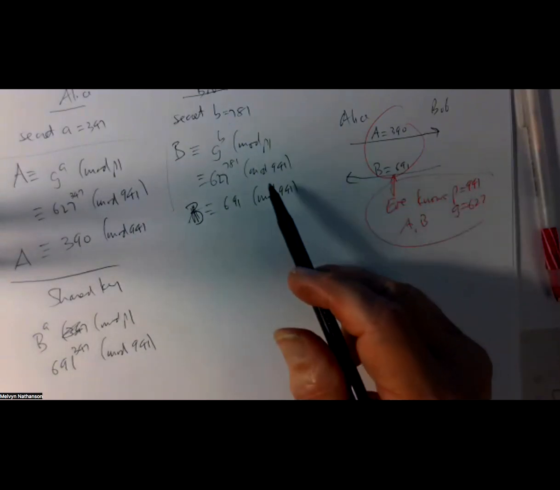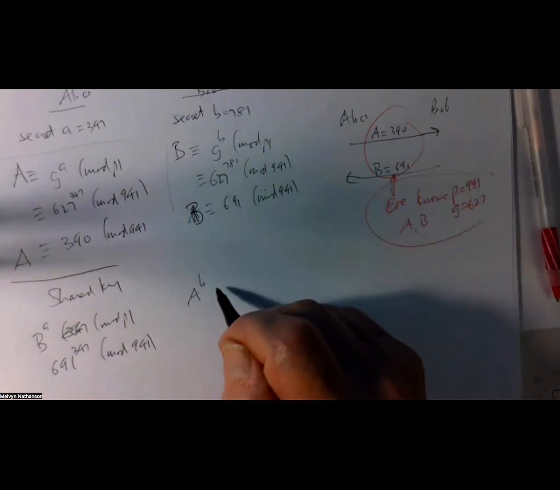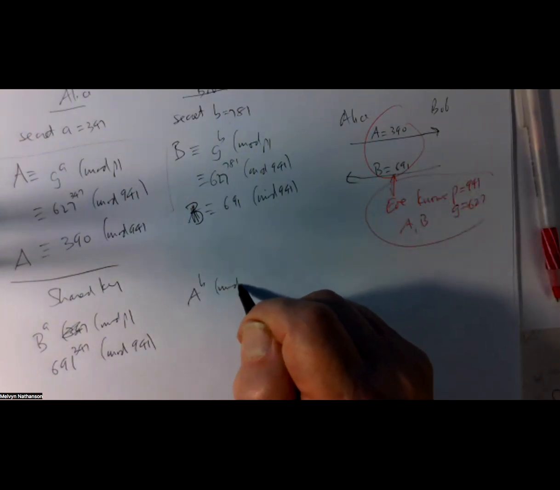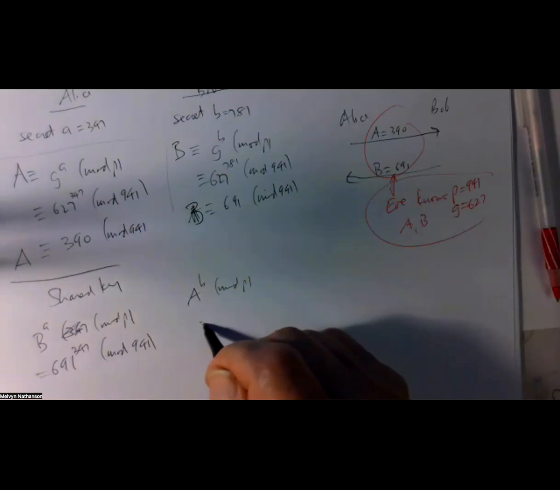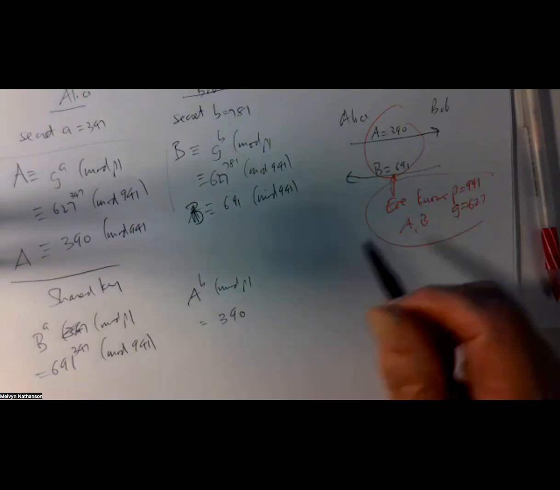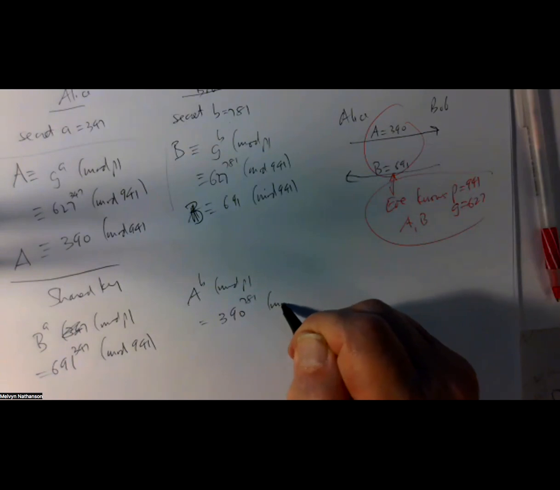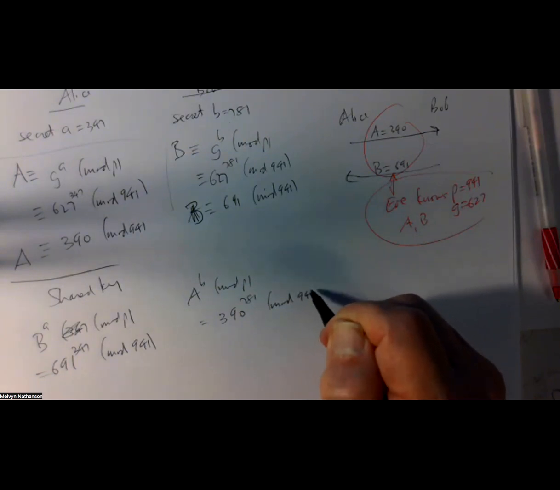And Bob takes the number he got from Alice and raises it to his secret number b mod P, which is, what was the number he got from Alice? 390. What is his secret number? 781 modulo 941.